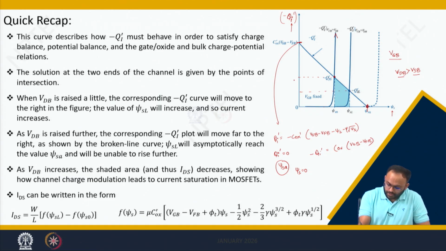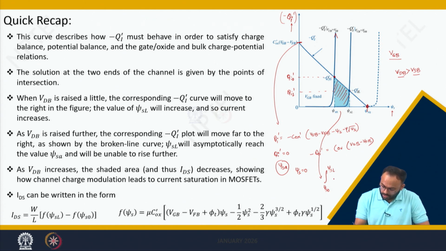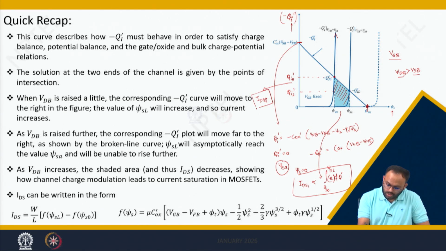So the difference between these is Qi dash 0 and Qi dash L, and the difference can be calculated as the area of this graph, which is nothing but the integral from psi s0 to psi sL of dQi dash minus Qi dash. So this component is nothing but IDS1 and this component is nothing but IDS2.